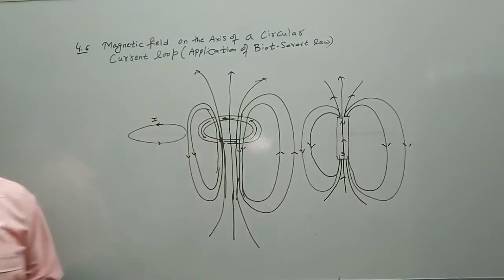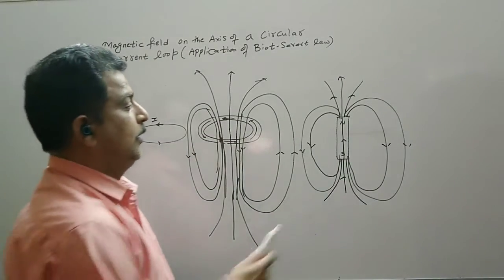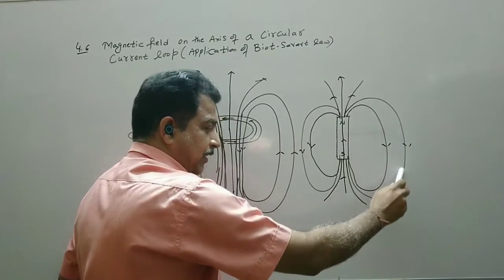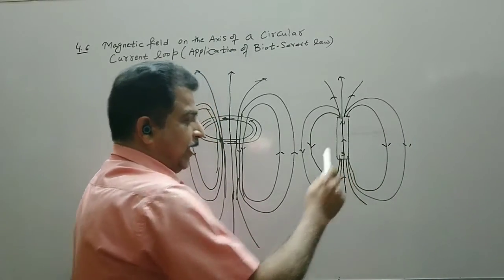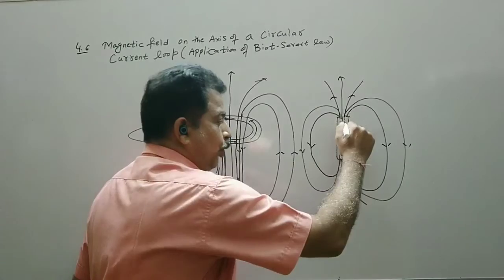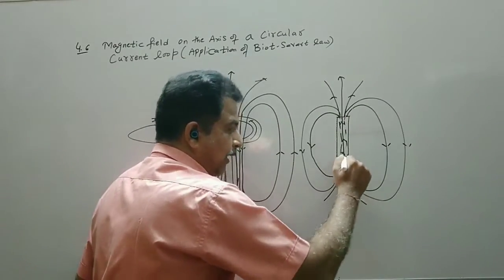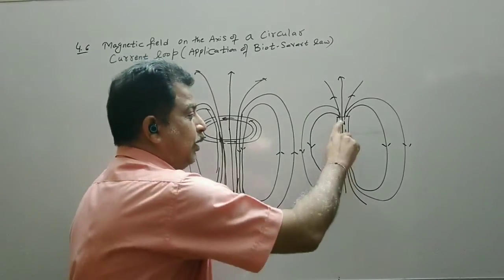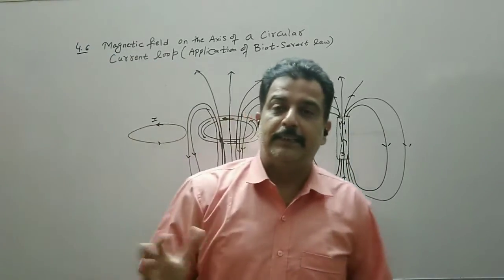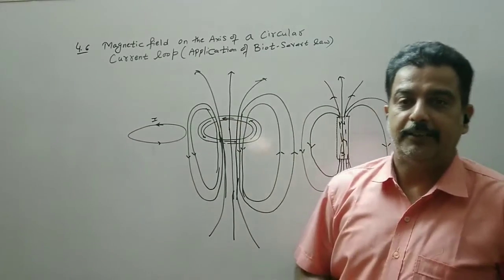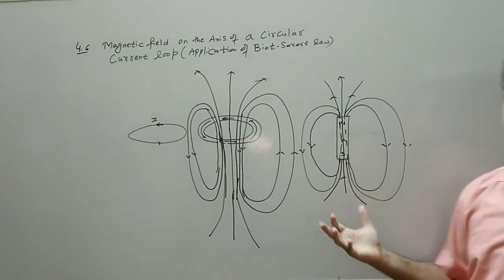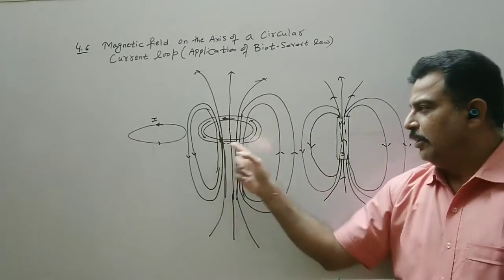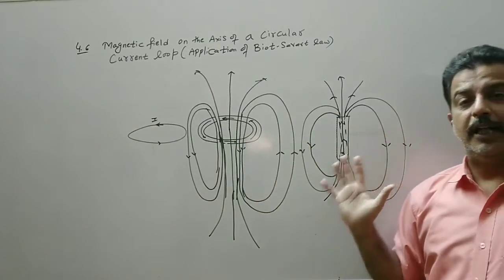So we know that the magnetic field originates from the north pole of a bar magnet, but does not terminate at the south pole; inside the bar magnet it is in the direction from south to north pole. That is the dissimilarity between electric field lines and magnetic field lines that we will see in the next chapter. So this ring almost behaves like a bar magnet.